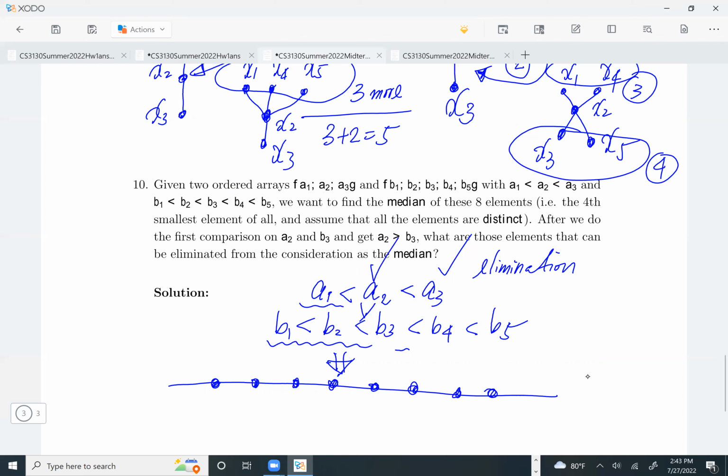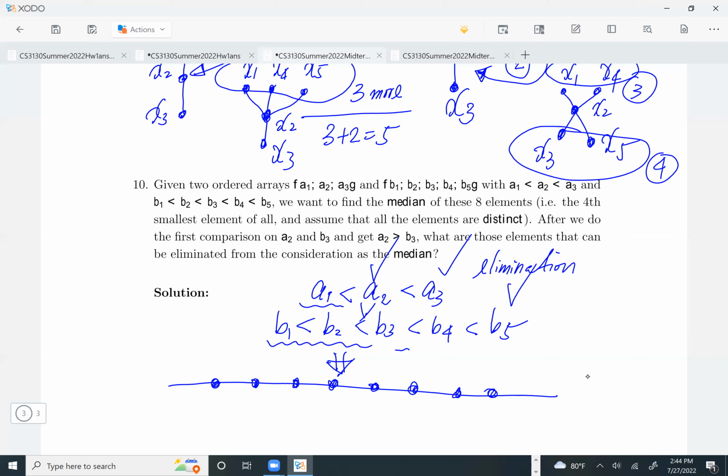No, a1 not. For a1 we don't have information, so a1 we cannot eliminate. Then, still the left-hand side, b5 is greater than at least 4 elements, so b5 can be eliminated. So that's from the left-hand side.